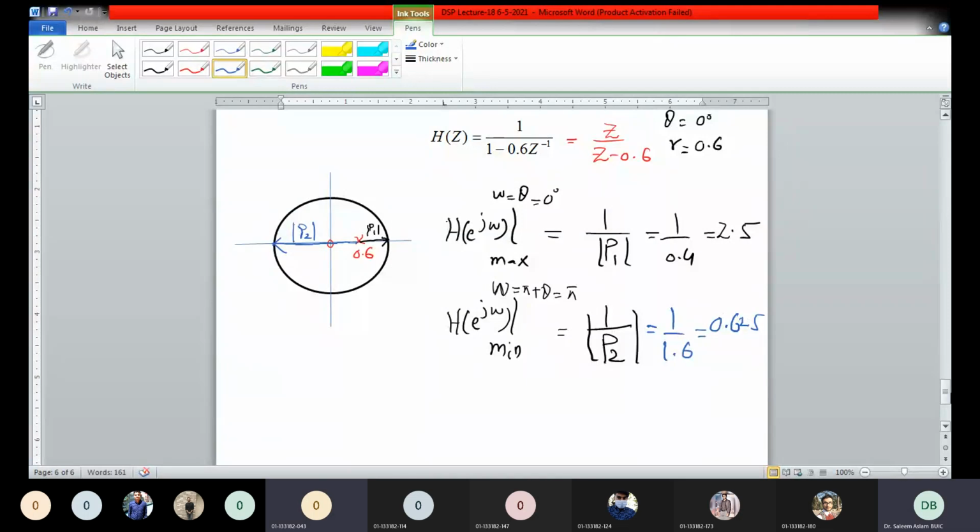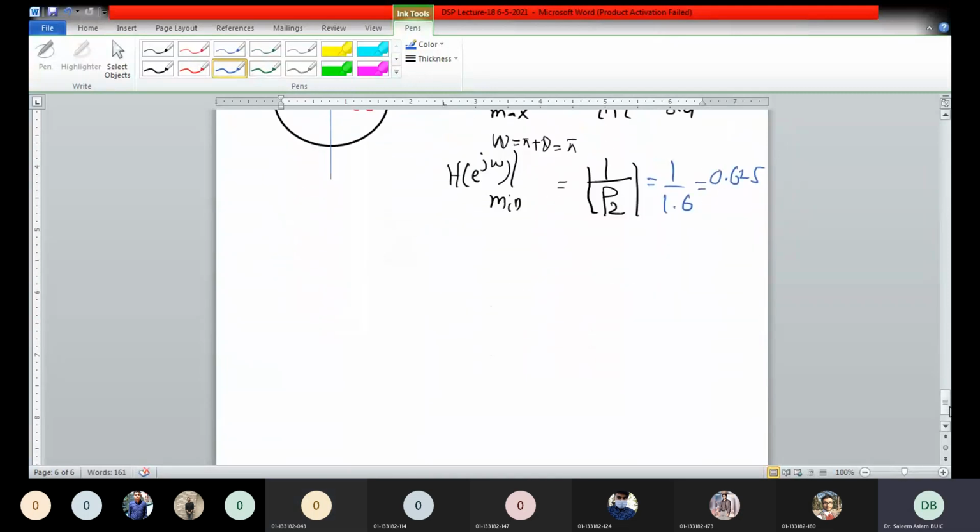Now, if you want to draw the rough sketch of this system, you can draw it. It would be like this. So you have the maximum value at ω equal to 0 and the minimum value at ω equal to π. The maximum value would be how much? It is 2.5. So the response would look like this.